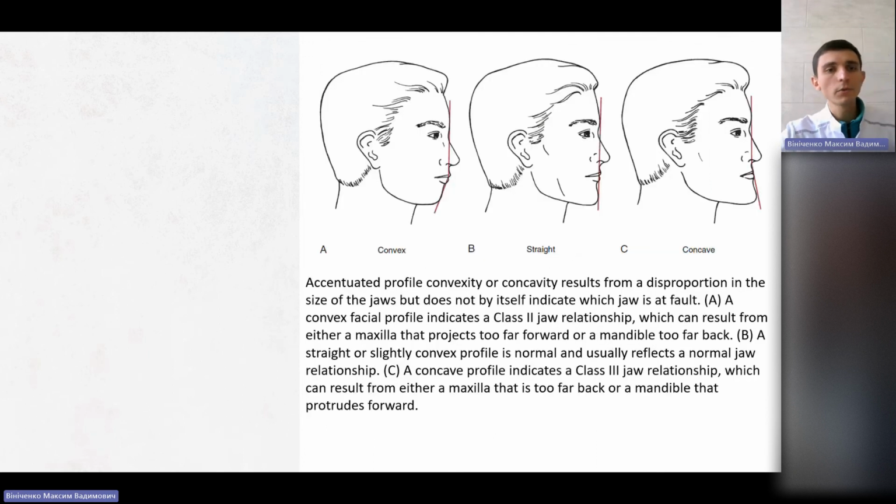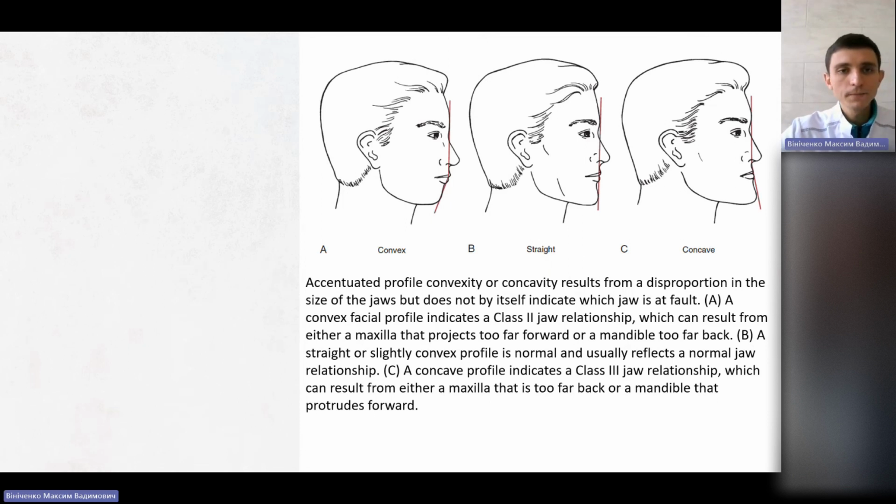Here you can see the profiles in the lateral view of our patient: convex profile, straight profile, concave profile. If we see our patient with a convex profile, and it is very expressed, we say that it is a broad profile.